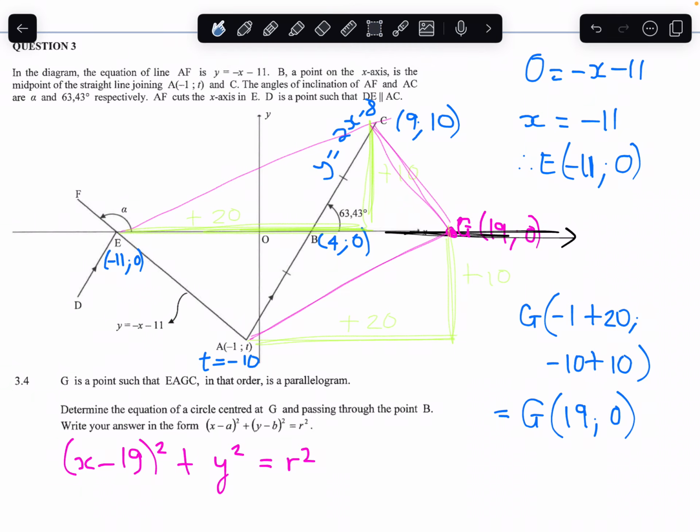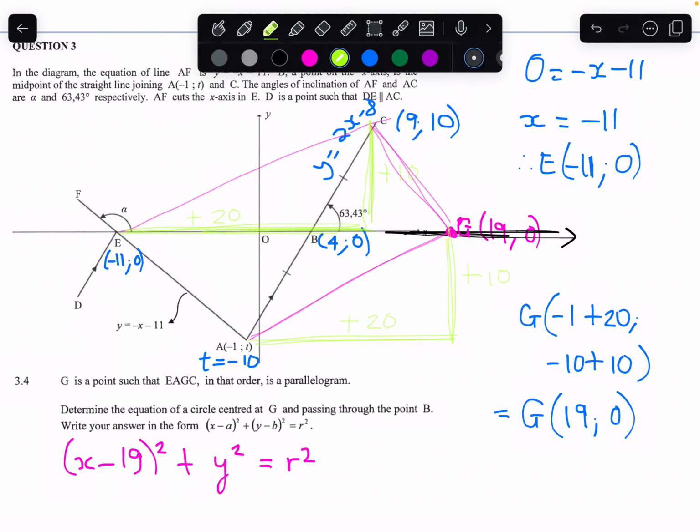Right, so we can see that B and G are on the same line. First of all, why is this relevant? It's relevant because we've been told that our circle is centered at G and it goes through B, so it's going to look something like, it definitely won't look something like that, but you get the idea.